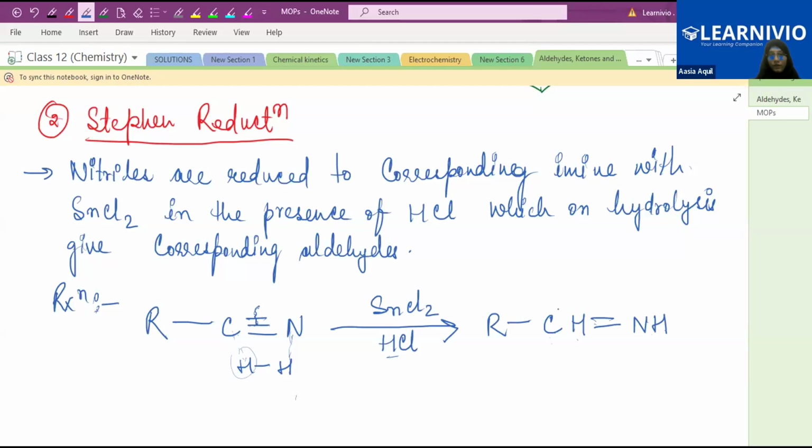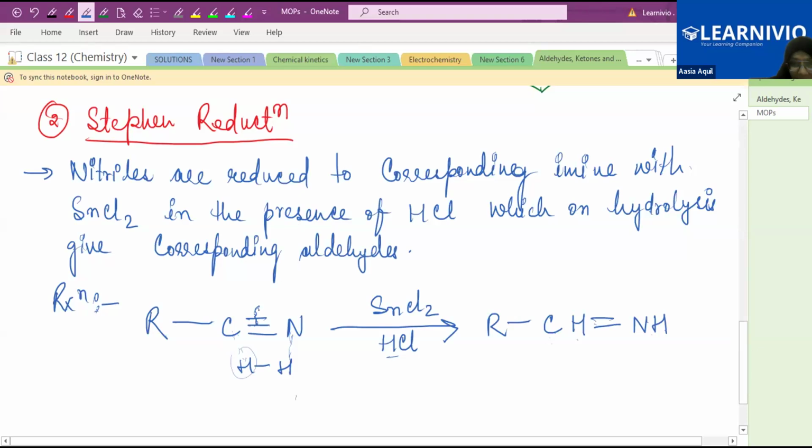Yes, ma'am. So the first step, again I'm repeating. This is a nitrile. This SnCl2 plus HCl combination is used for the reduction purpose. We use it for reduction, and reduction happens by the addition of hydrogen.